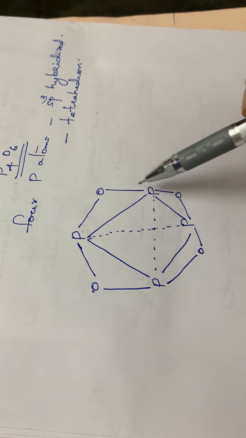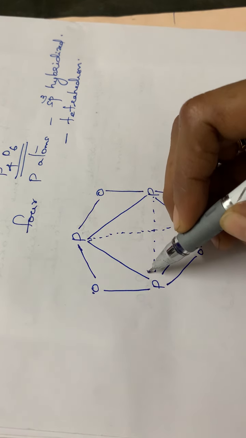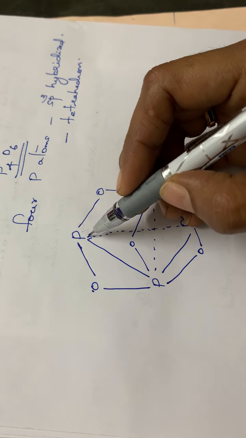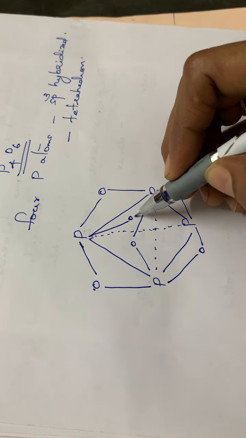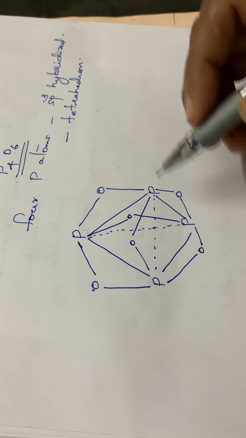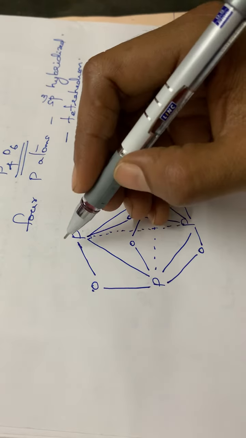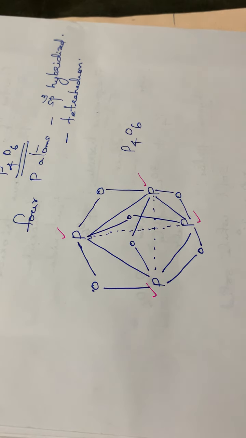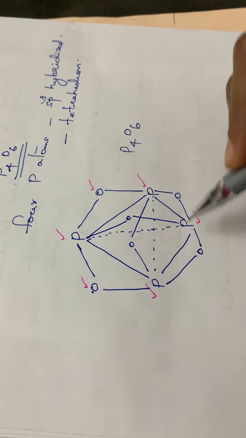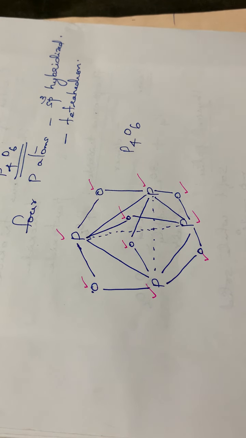Then in the midway also there are 2 oxygen atoms. One will be like this, then one more, and another one like this, oxygen, oxygen. So this is the structure of the P4O6 molecule. How many phosphorus? 1, 2, 3, 4. How many oxygens? 1, 2, 3, 4, 5 and 6. So this is the geometry of this molecule.